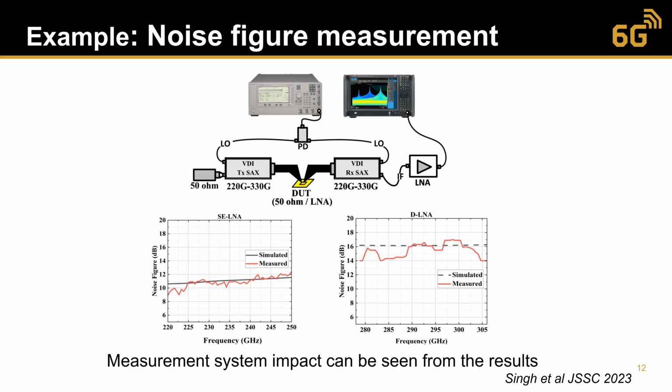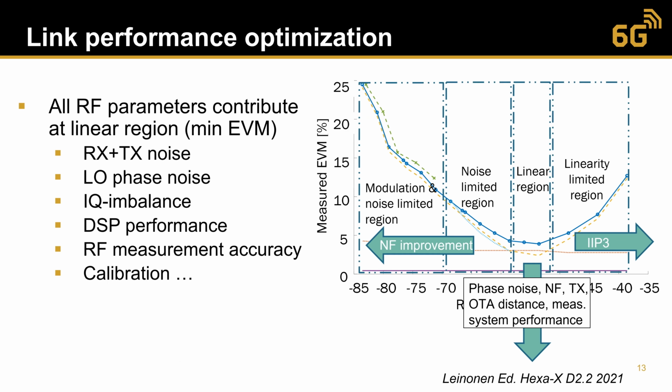Similar unwanted measurement system contribution to the results has been seen also for other measurements. The waveguide components will introduce physical limitations to the measurements, and in the worst case, those will limit the feasibility of some measurements totally.